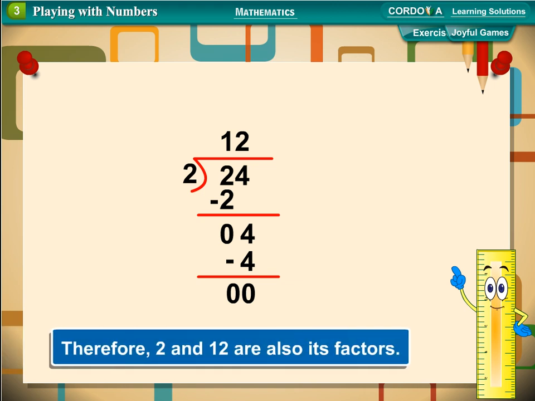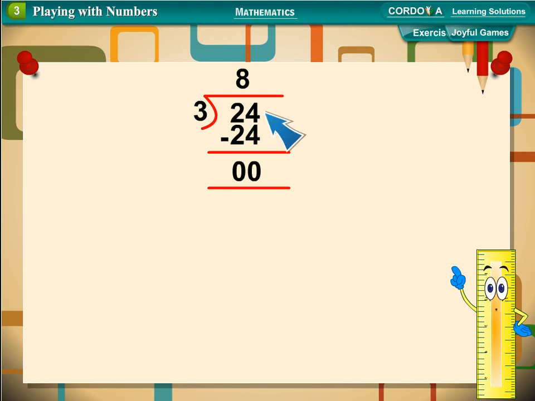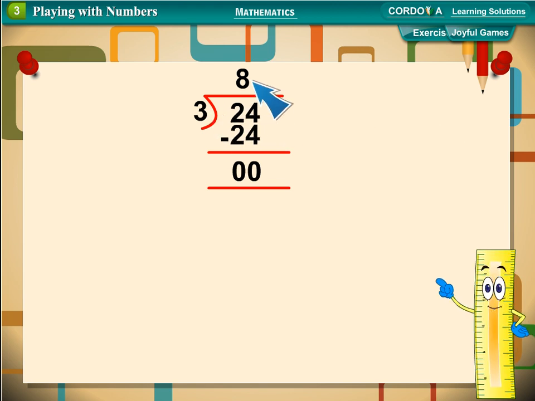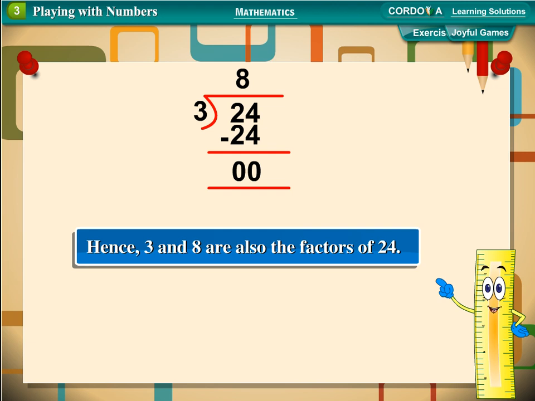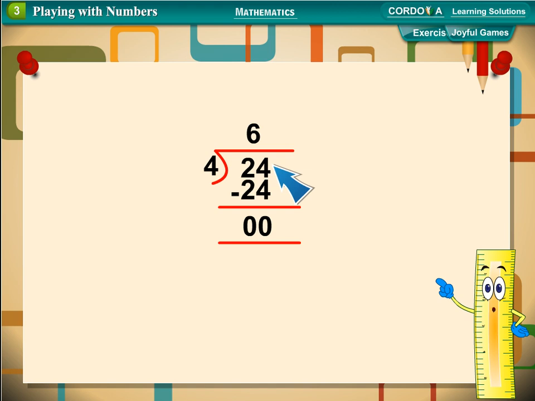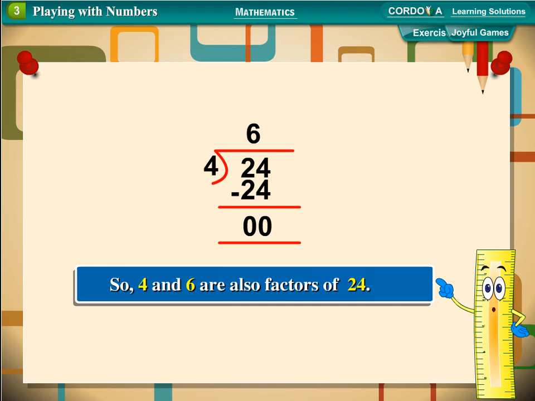Therefore, 2 and 12 are also its factors. If we divide 24 by 3, the quotient is 8 and remainder is 0. Hence, 3 and 8 are also the factors of 24. 24 is also exactly divisible by 4 and gives the quotient 6. So, 4 and 6 are also factors of 24.